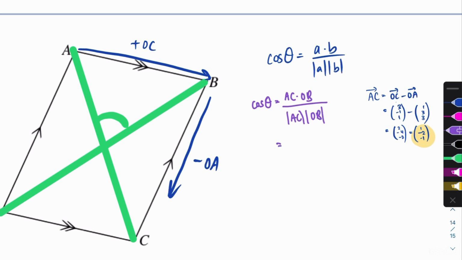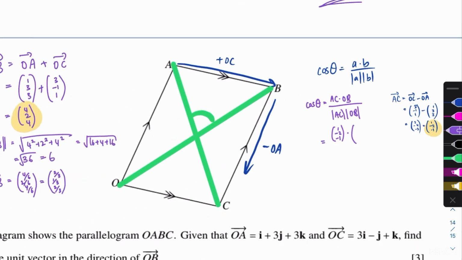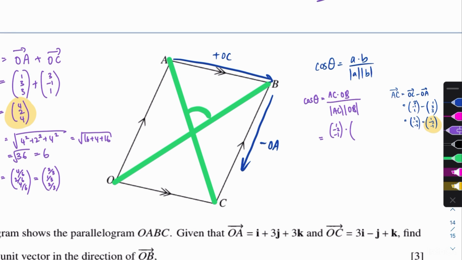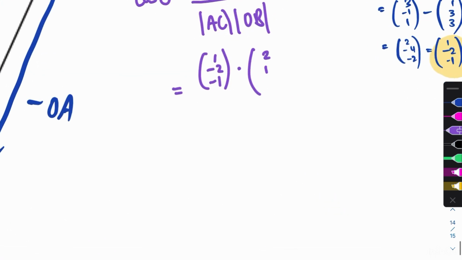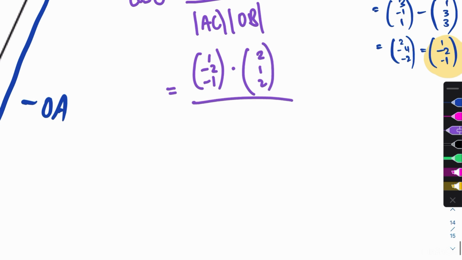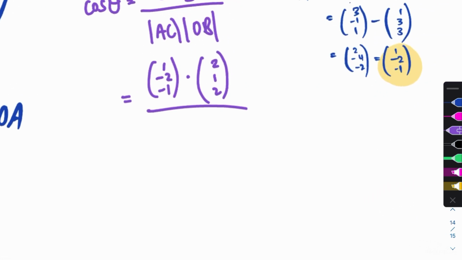So cos theta equals, so this is the dot product. So we're going to write AC down, 1, minus 2, minus 1, dot, and OB is 424. I'm going to simplify that a little bit and write 212 over the magnitude.